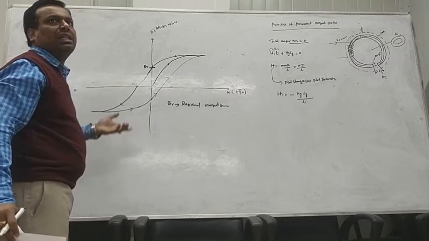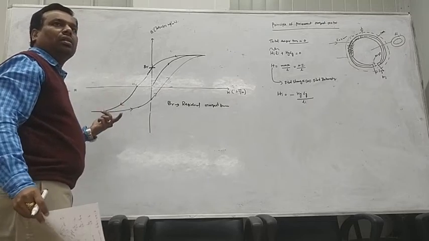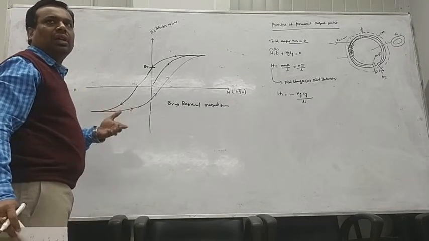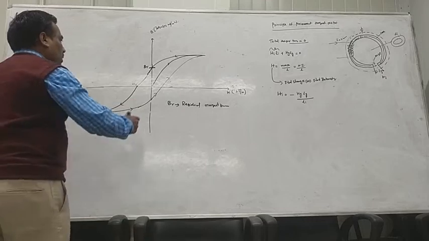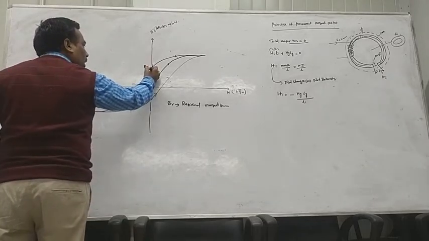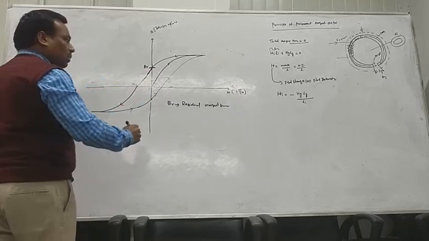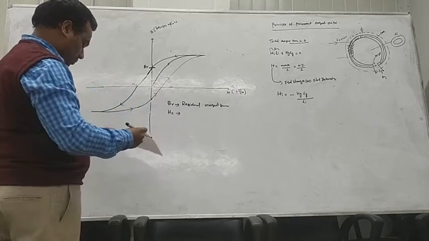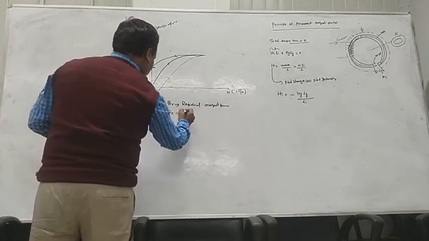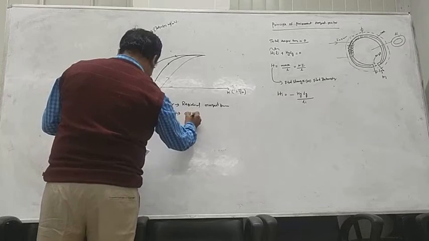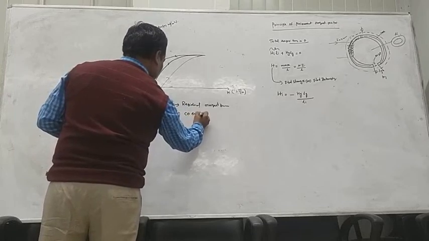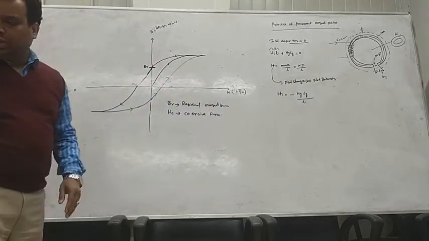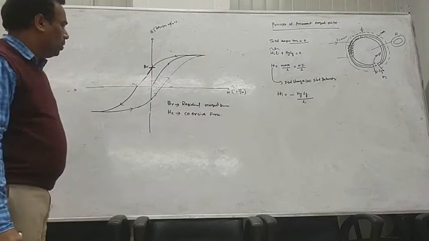Now we are decreasing the intensity. When you keep on increasing the intensity in the negative direction, the residual flux comes to 0 here, and that particular point is nothing but HC, that is the coercive force.